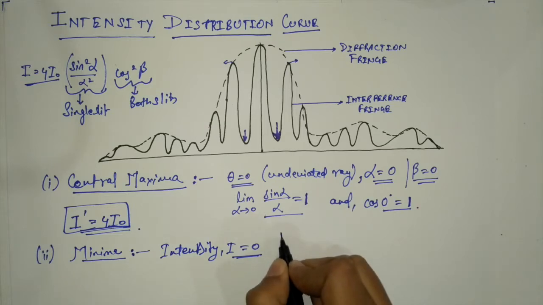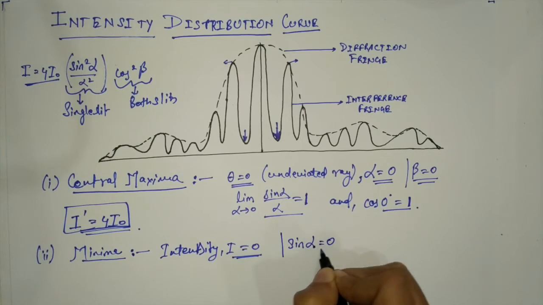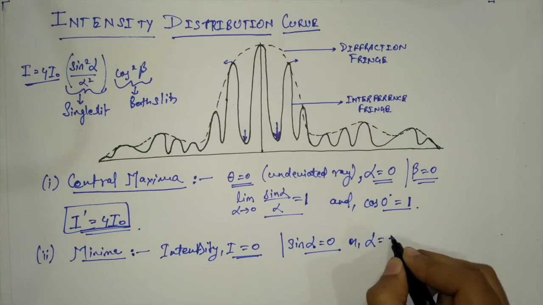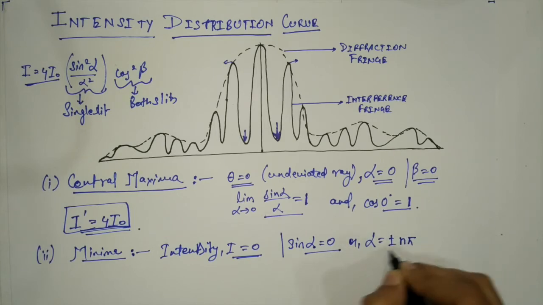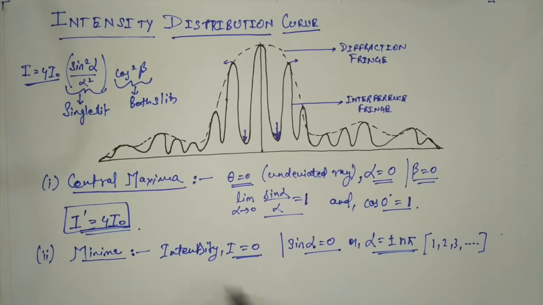If it is 0, it is because sine alpha equal to 0, or we can say alpha equal to plus minus n pi, where n is any number, that is 1, 2, 3, and so on. Therefore, a sine theta n equal to plus minus n lambda we can write.